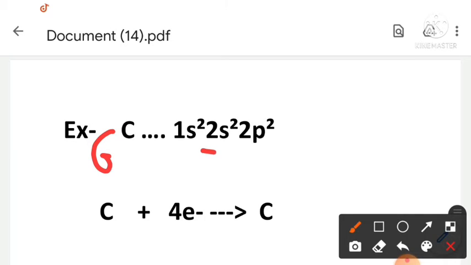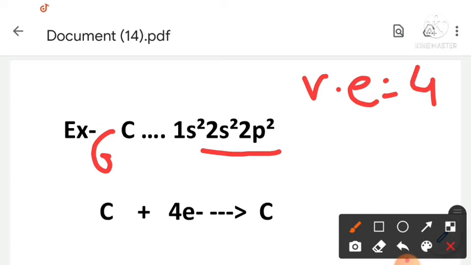Here 2s2 2p2 is the outermost shell, so it is called the valence shell, and the number of electrons in this shell is called valence electrons. Now the valence electron of carbon is 4, and we know that the valency of carbon is also 4, because the combining capacity of any atom is known as valency.